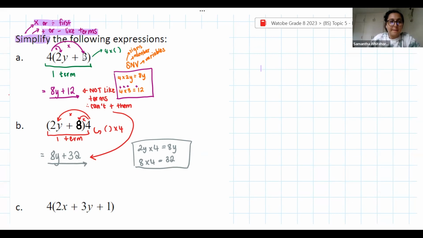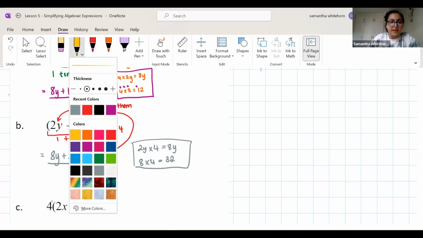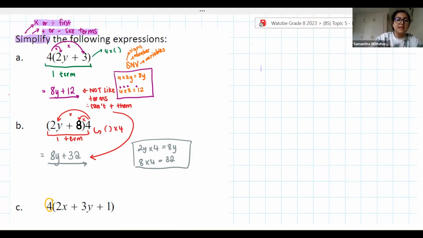Remember, you must correct your answers. Okay, so grade 8, remember, we've got a 4 that has been multiplied with the bracket here, which means that we need to multiply the 4 to every single term inside our brackets. So I just want you to double check that your answers agree with what I've just said.